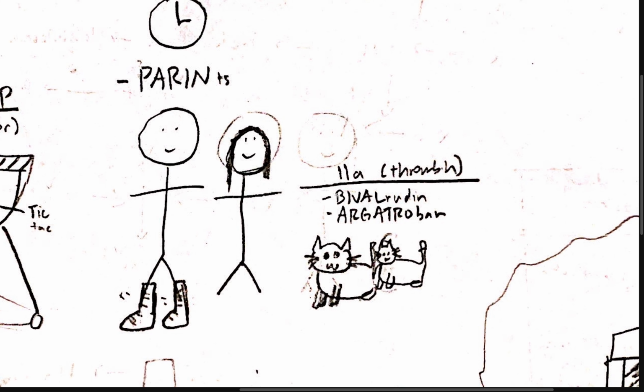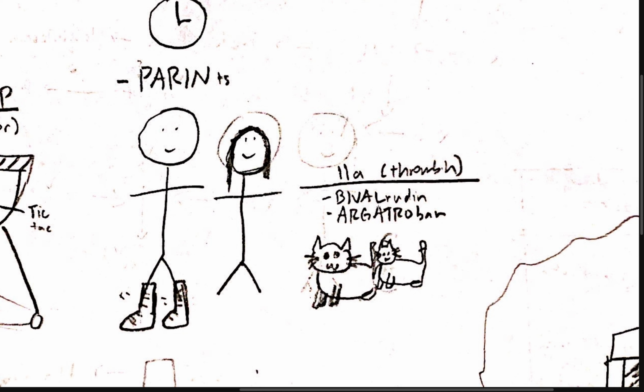Now, the parents came with two of their cats, and you need to know a little bit of Spanish to understand this one. The idea here is argatroban. Think of R as in our, O-U-R, and gatro as a Spanish word for cat minus the R. Don't worry about the R. So think of our gatos, two of our gatos.